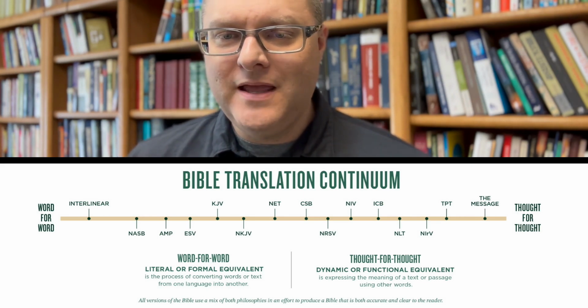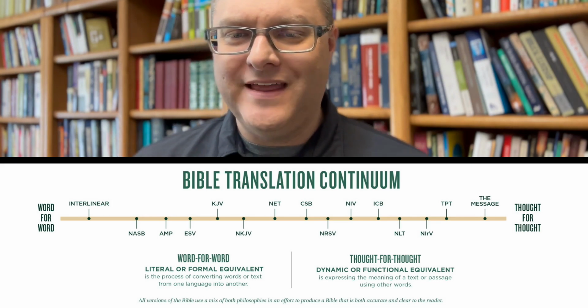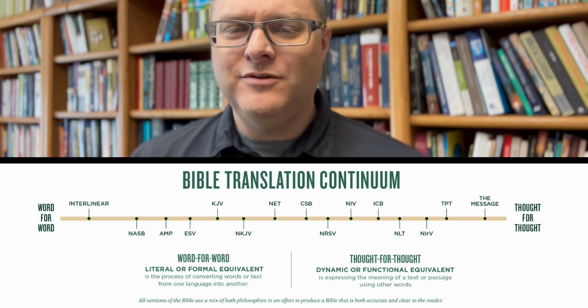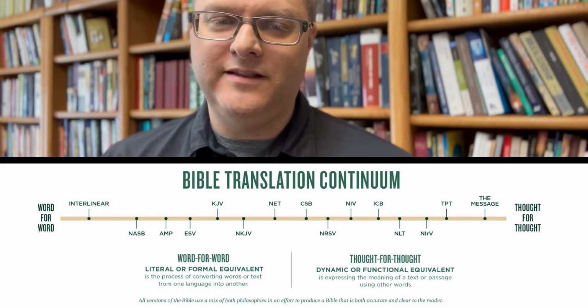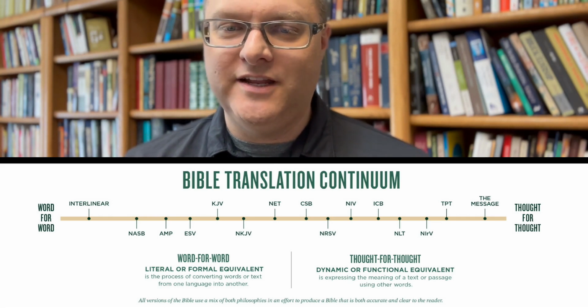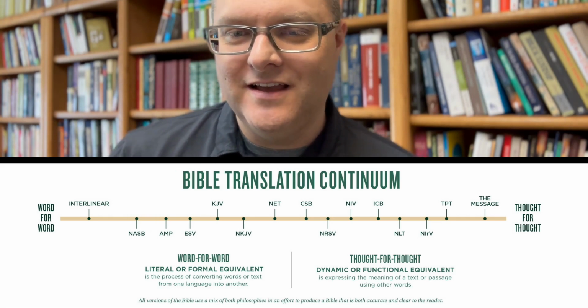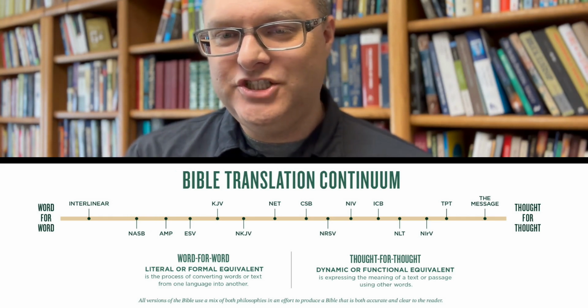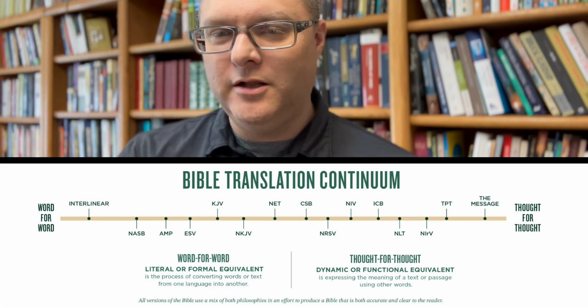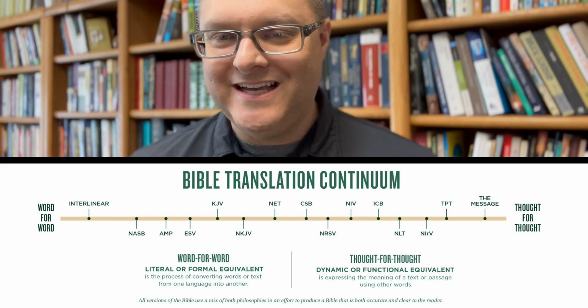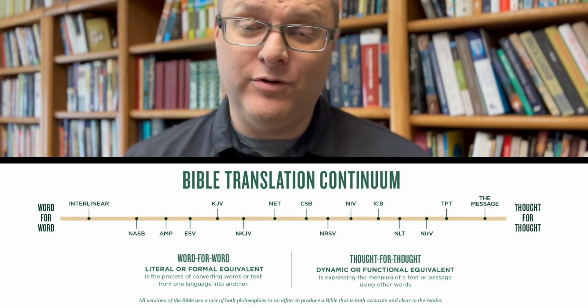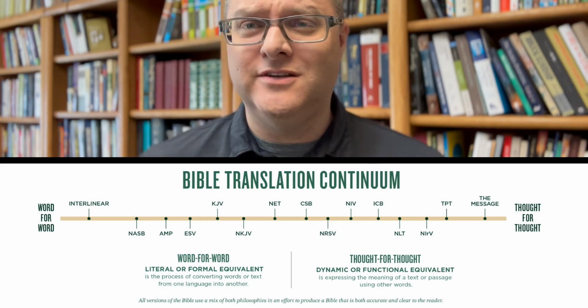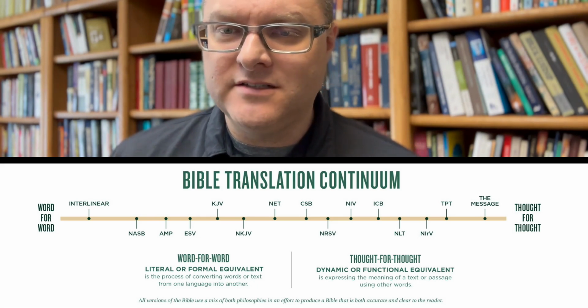The AMP, which I believe is the Amplified Bible, the English Standard Version. And I would say even in ranking these from left to right, there's definitely got to be some subjectivity depending on who did this. But the King James Version is over towards the middle a little bit, and then the NKJV, and then the NET Bible, which honestly is another great translation that comes out of the Tyndale House in England.